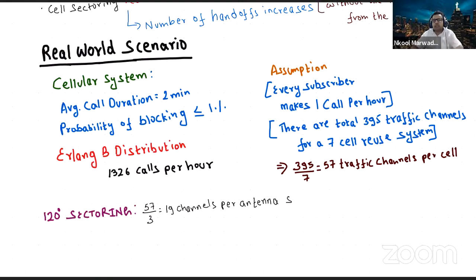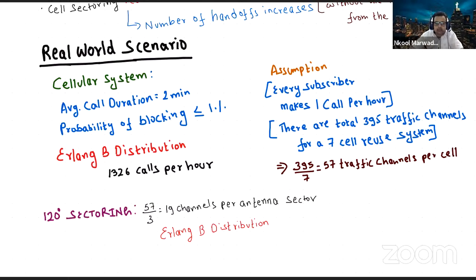Everything else is the same, we are taking the same assumptions. Now when we sector the cell into 3 sectors, based on the Erlang B distribution, for the same probability of blocking, we found something very interesting.